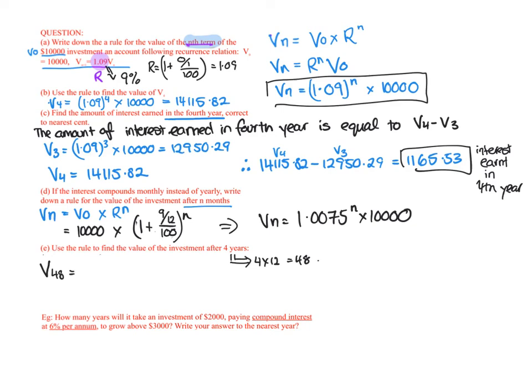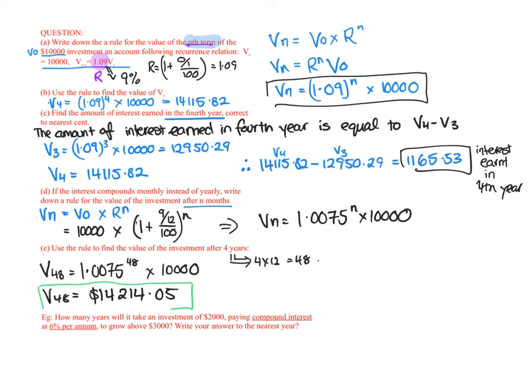Using my rule, V48 will be 1.0075 to the power of 48 times 10,000, and we end up with 14214.05.